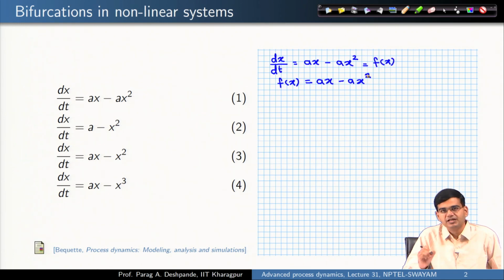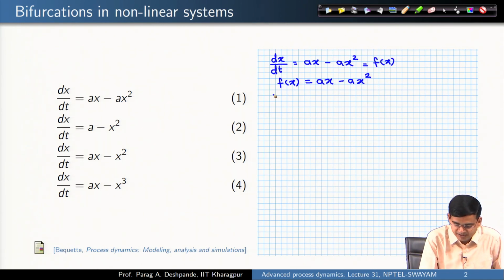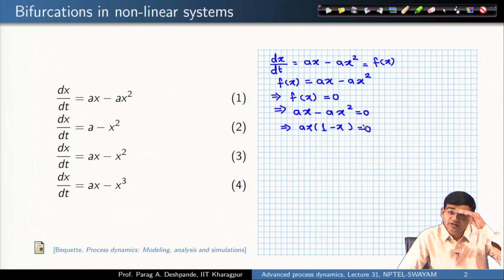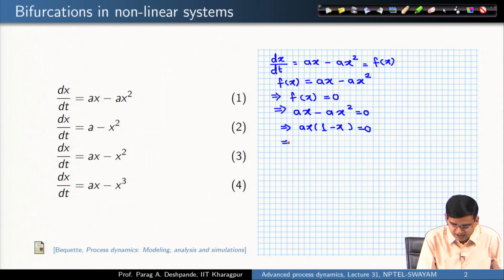So, we need to determine the equilibrium solutions, and this can be obtained by setting f of x equal to 0, which means a x minus a x squared is equal to 0, which means a x times 1 minus x is equal to 0. So, I have 2 equilibrium solutions for my case: the first equilibrium solution x e is equal to 0, and the second equilibrium solution x e is equal to 1.